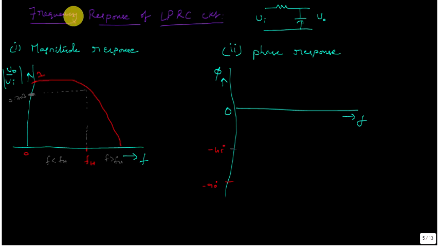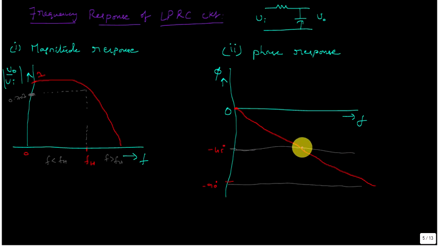So simply draw two horizontal lines at 45 and at 90, and we can draw the phase shift which is starting from 0. It is not linear, strictly speaking. The point at which it touches 45 is treated as FH.